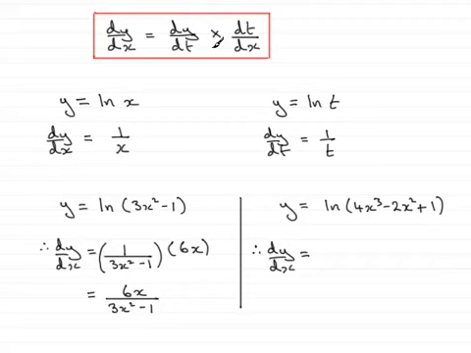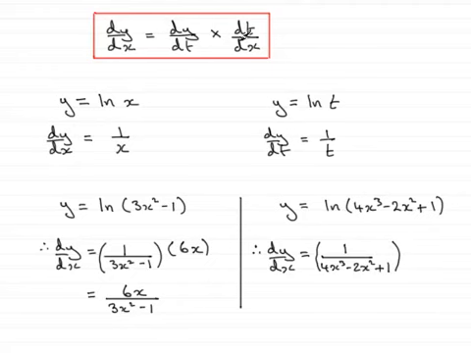Now, I'm going to let this value in the brackets, 4x cubed minus 2x squared plus 1, be the t. So I have y equals natural log of t. And so dy by dt is 1 over t. So that's going to be 1 over 4x cubed minus 2x squared plus 1. Put that in brackets. So that's the dy by dt part of the chain rule done.